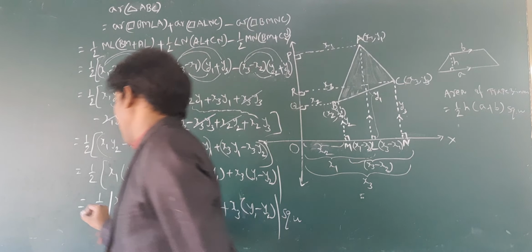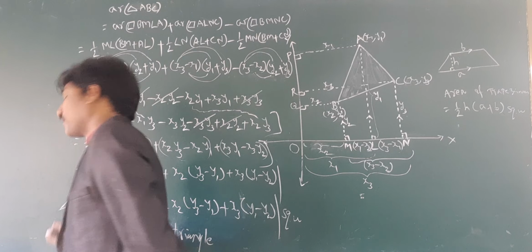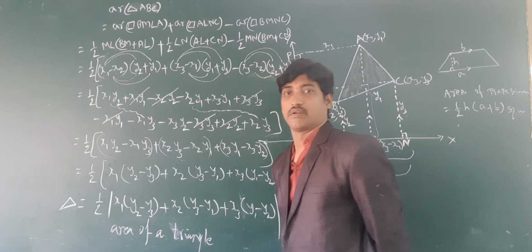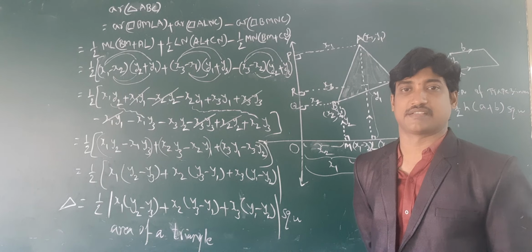Generally we denote the area of a triangle with delta. This is the formula for the area of a triangle when three vertices are given.